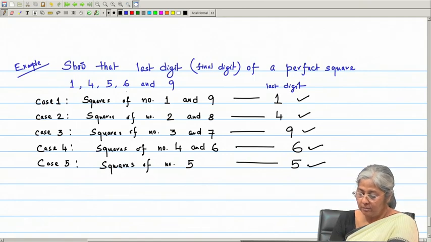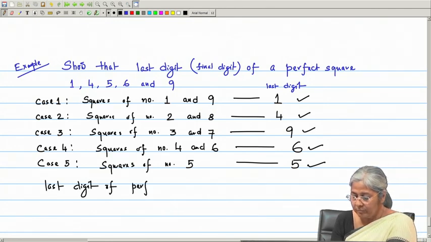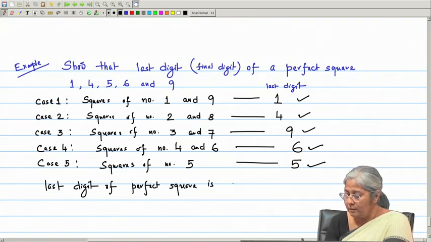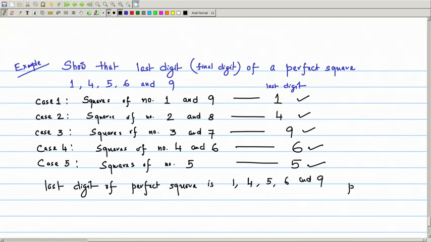So, the last digit of a perfect square is 1, 4, 5, 6 or 9. So, it is proved. This is a very simple example of proof by cases. Many times a complex proof becomes very simple if we partition it into cases.